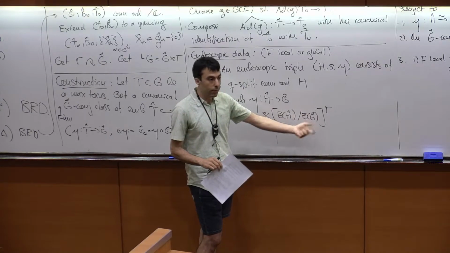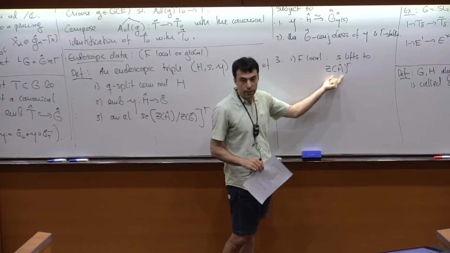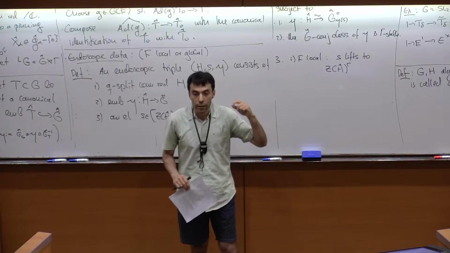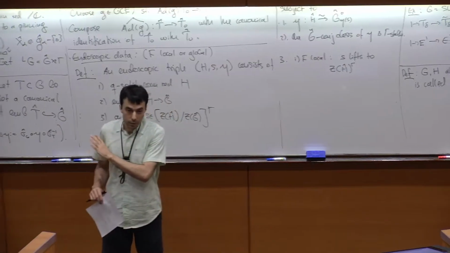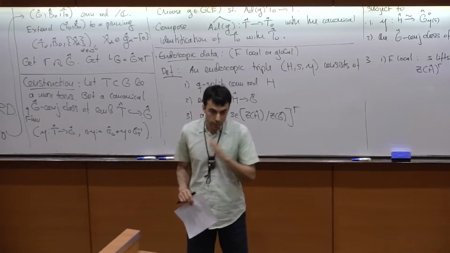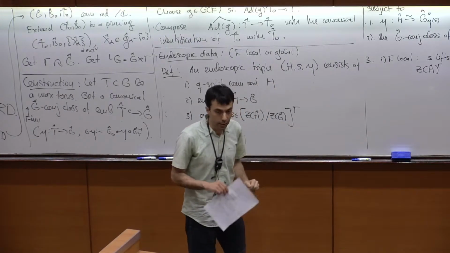You'd like to actually be able to find something that's honestly Galois fixed in the center of H hat. Sorry? That is a very important question. When the group is quasi-split, you don't. When the group is not quasi-split, you do. And so you have to modify the entire definition to accommodate for that.